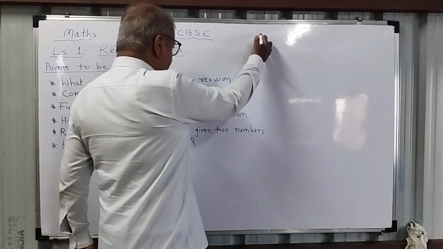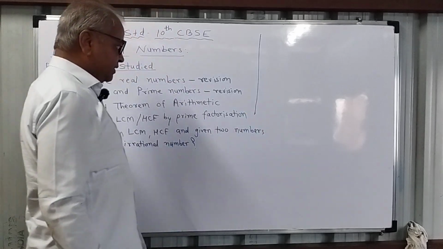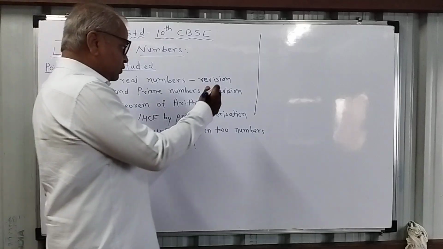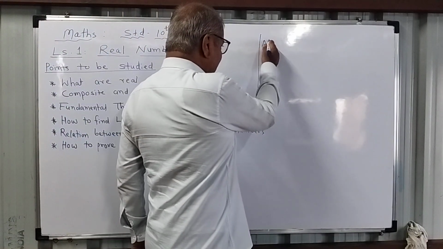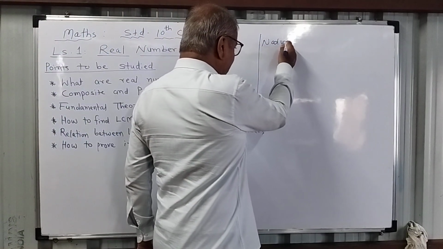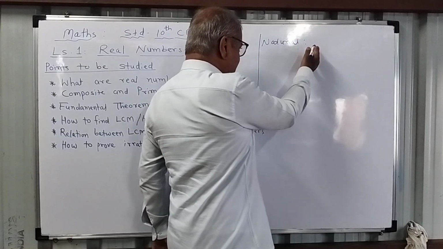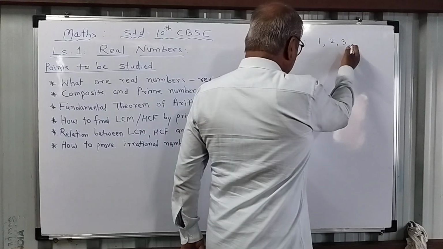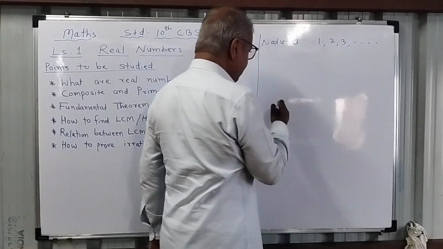So here we will have the revision about types of numbers. So you know, first is natural numbers. What are natural numbers? Those are counting numbers, 1, 2, 3 and so on to infinity.